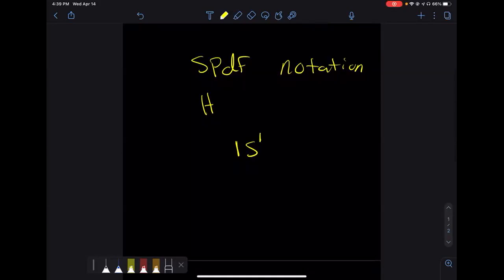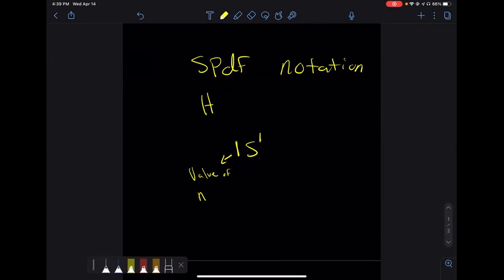For future reference, we're going to need this a little later: the 1 is equal to the value of n, which comes from our quantum numbers, which we learned in the previous lesson. So that is the n value.